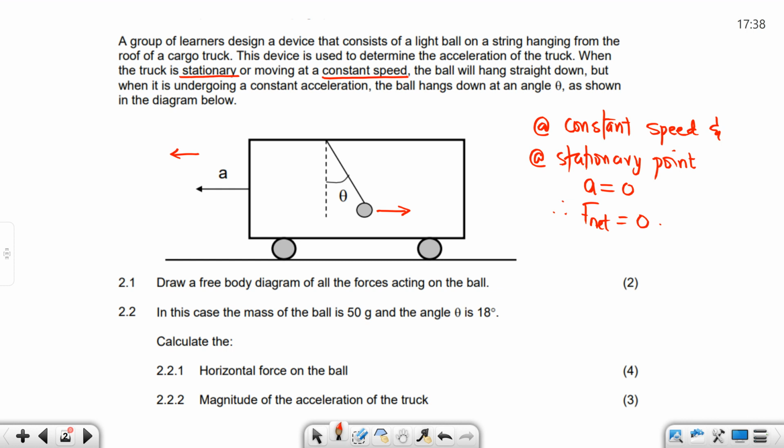Dash, what force do you see? And? Weight and force applied. There is no force applied. The force applied is probably on the device, but the question says force acting on the ball.